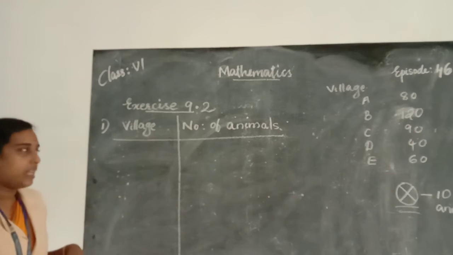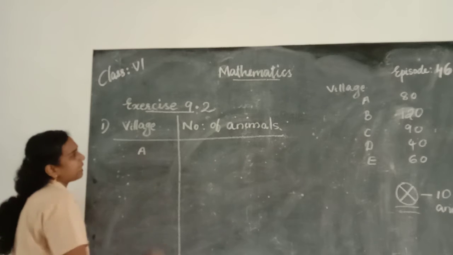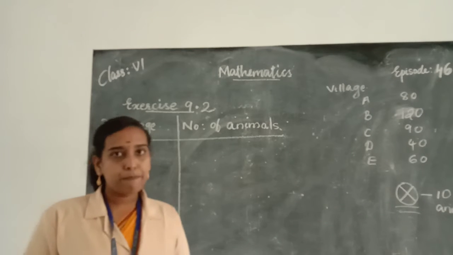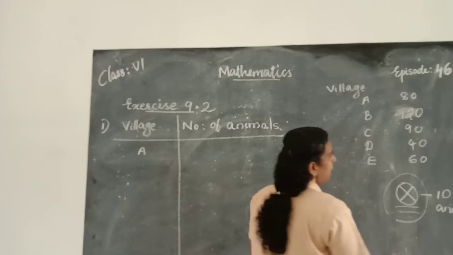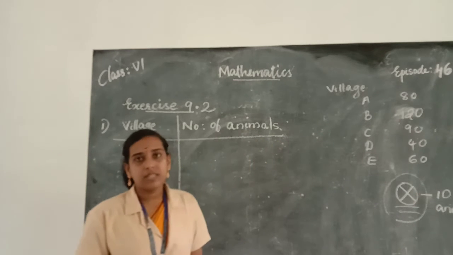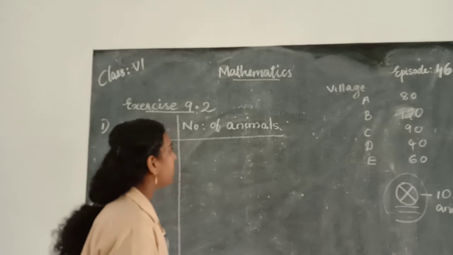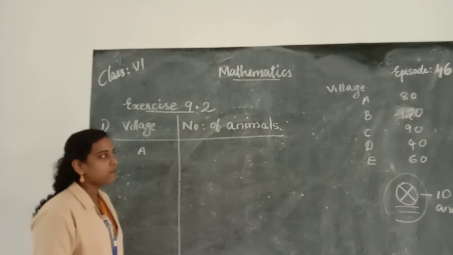The first village is village A. In village A there are 80 animals, and we want to draw the pictograph using this symbol, and one symbol stands for 10 animals. So we want to draw 80 animals using the given symbol.